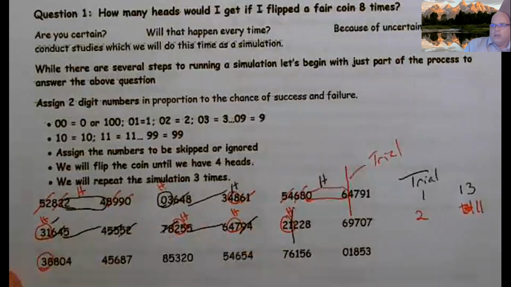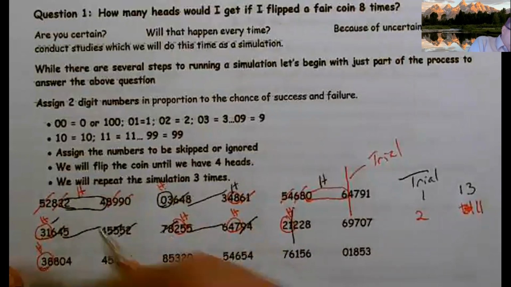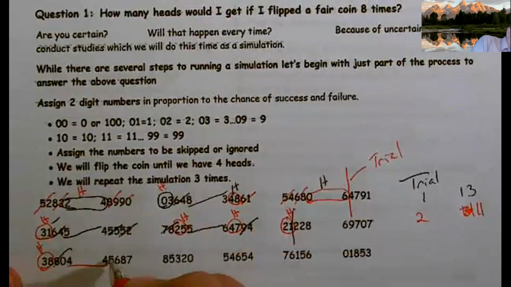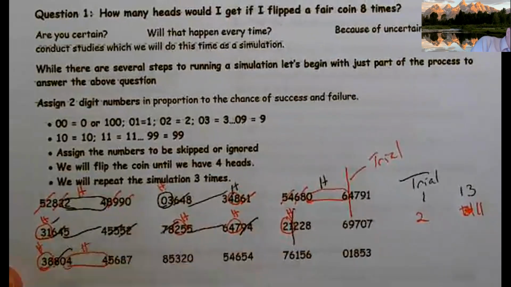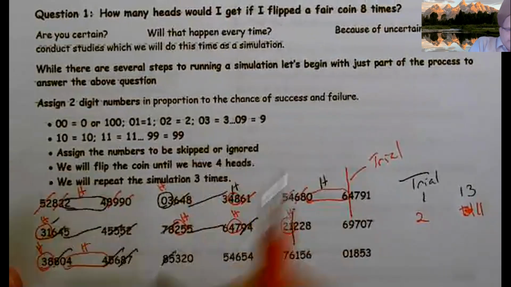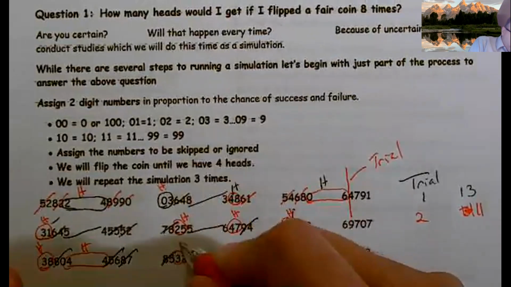38, that's a head. 80, not a head. Then we have a 44, that's a head. 56 is not a head, 87 is not a head, 85 is not a head, but then 32 is a head.